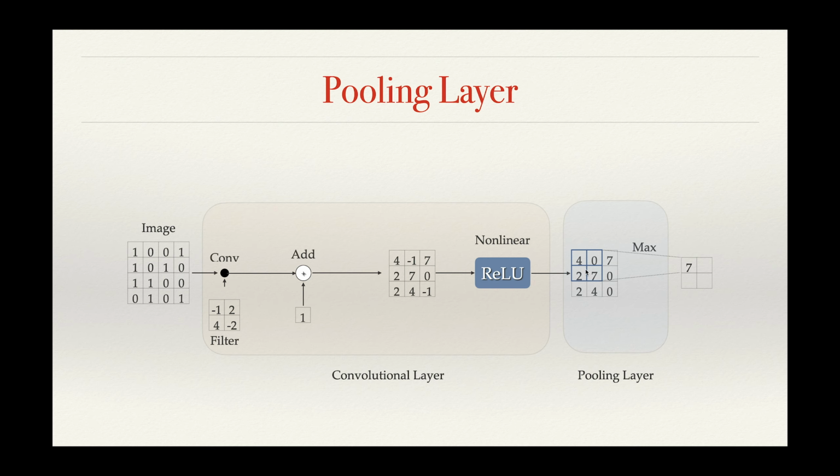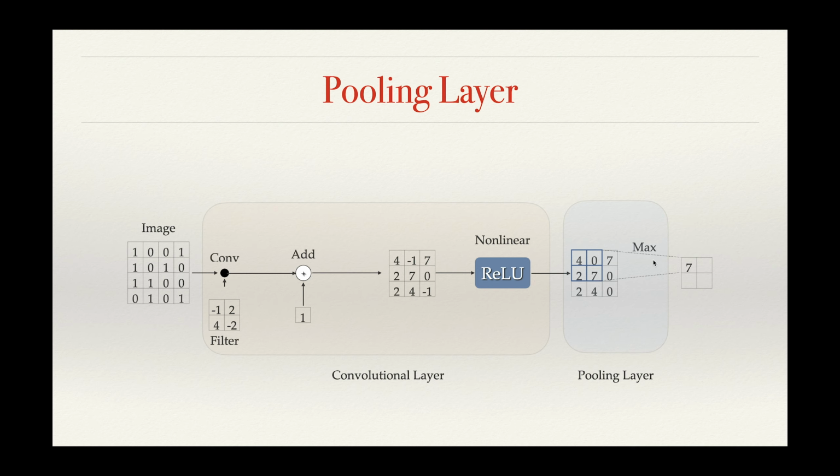What we do here is we also move that template along the feature map like we did with the convolution, but the operation here is different. At each position, we look at all the pixels within that kernel, and we pick the highest value, the maximum value at that position. For example, we have 4, 0, 2, 7. We pick the 7, and we put it in the output.